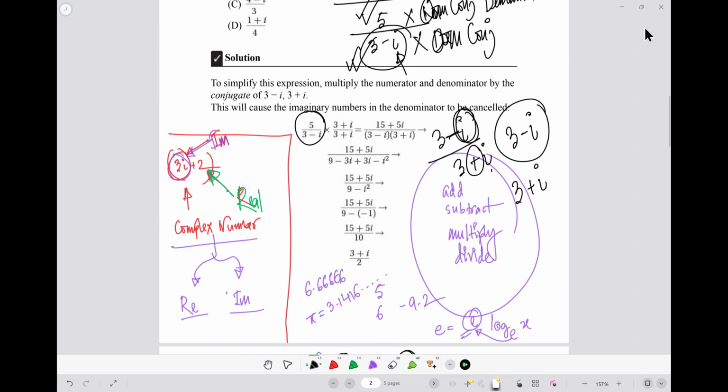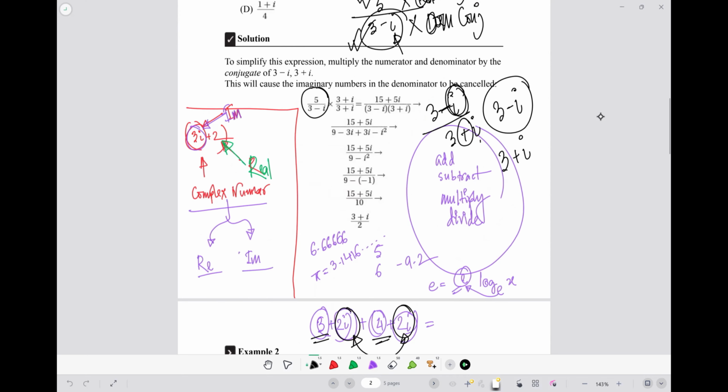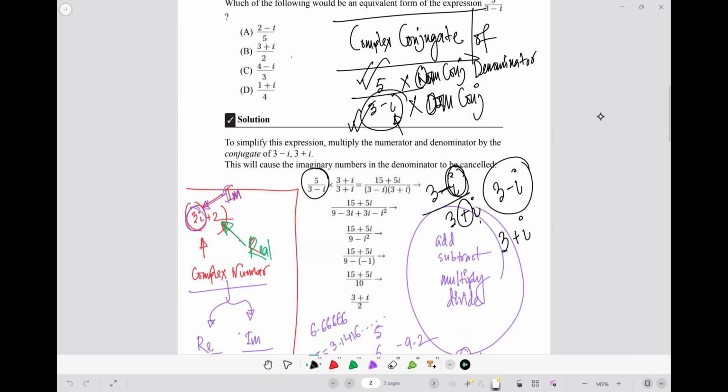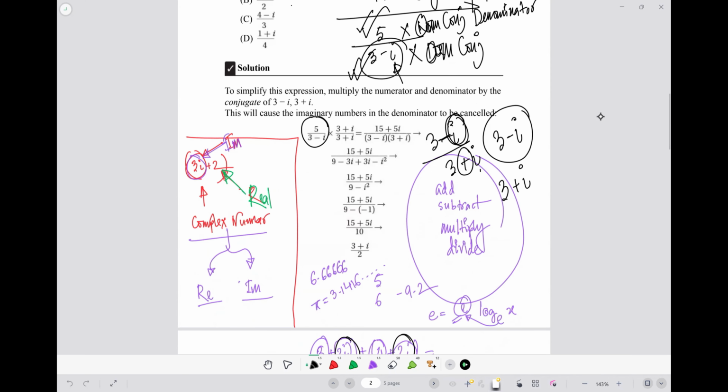That is necessary when we need to divide two complex numbers, to find the answer of division for two different complex numbers. And how do we do it? We bring in the concept called the complex conjugate, and that is what we have done till now.